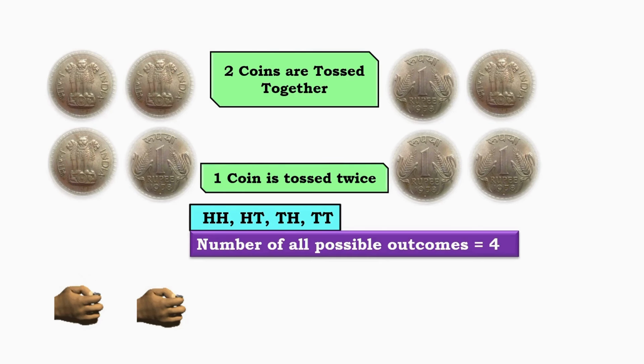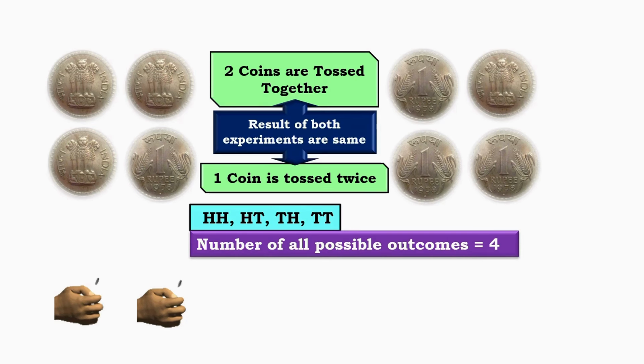Now what will happen when one coin is tossed two times? That means I toss the coin first, then again I toss the same coin. In the previous one, we have taken two coins tossed together, and now there is only one coin and we are tossing it two times. So there also we will get the same results.